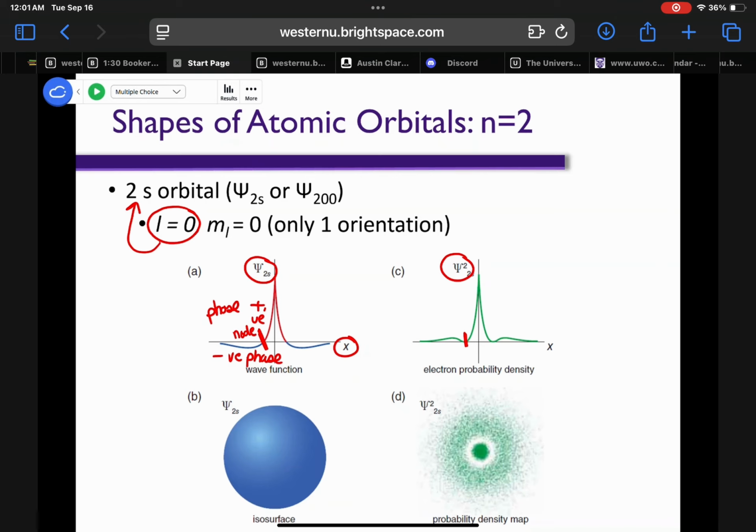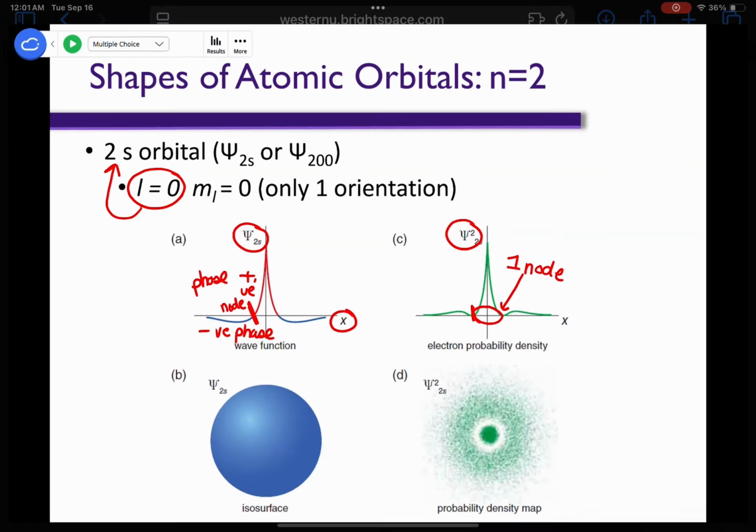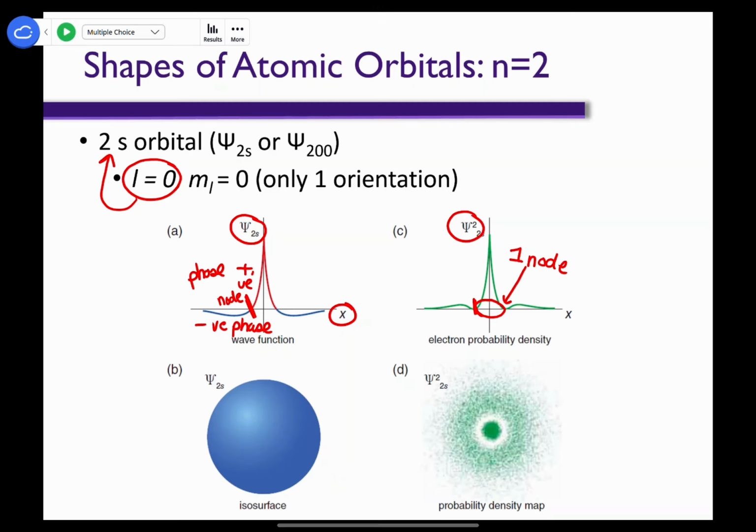When we rotate in 3-dimensional space, that is one node. If we look at this with our time-elapsed camera, we can see most often we're finding the electron close to the nucleus, but then there's this region of space in this probability density map where there are no electrons, and we have one node there.